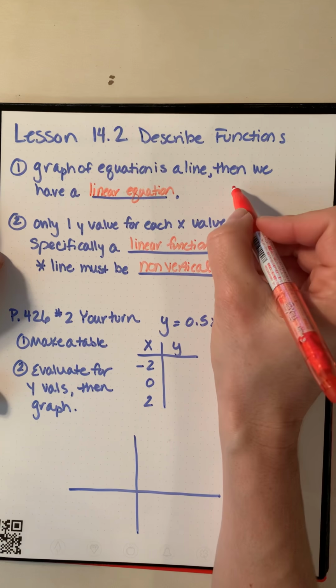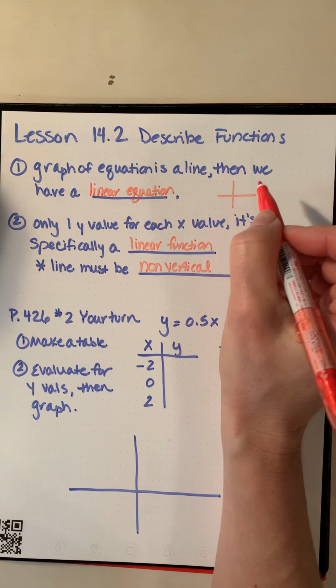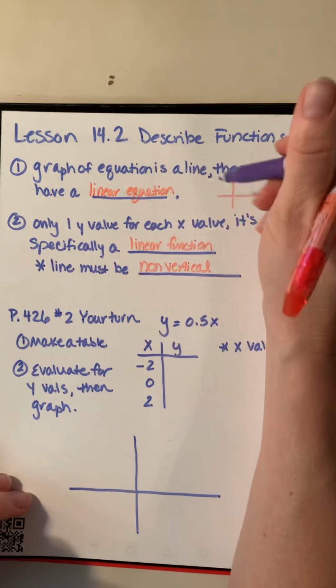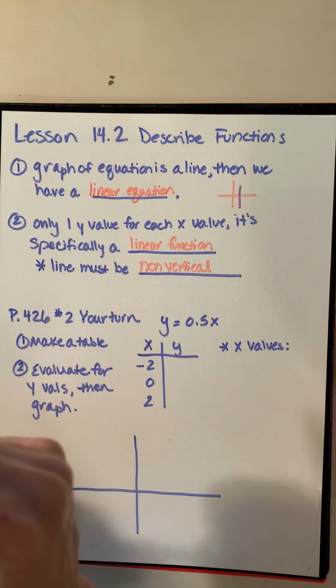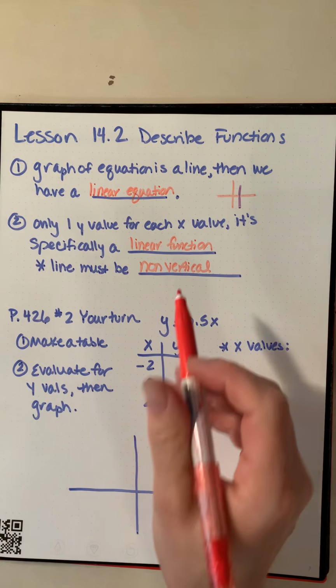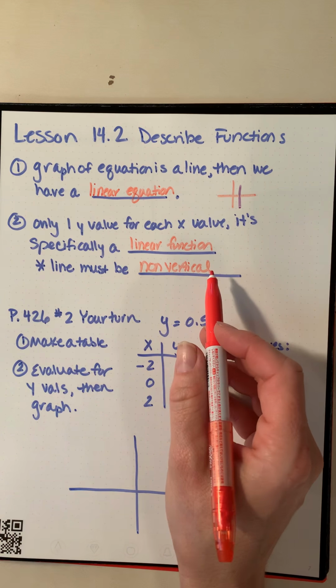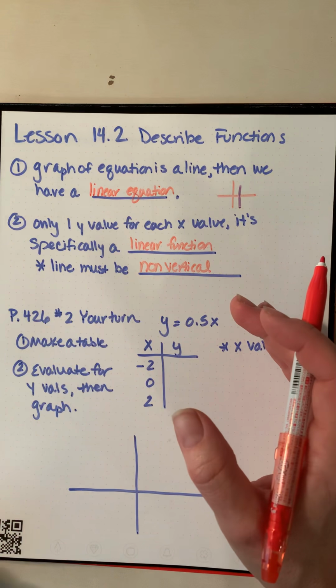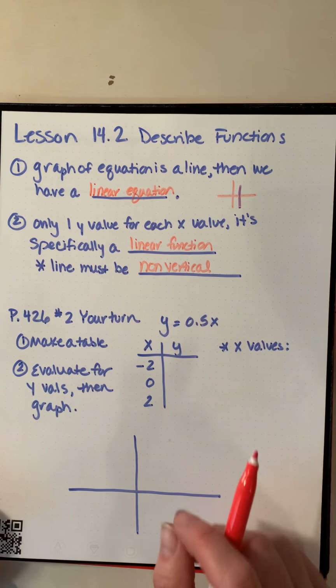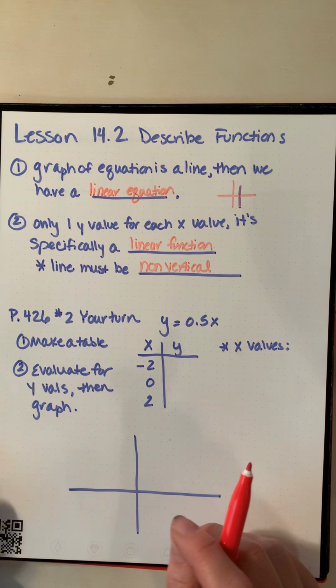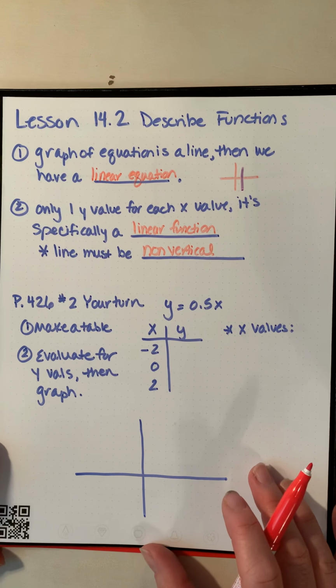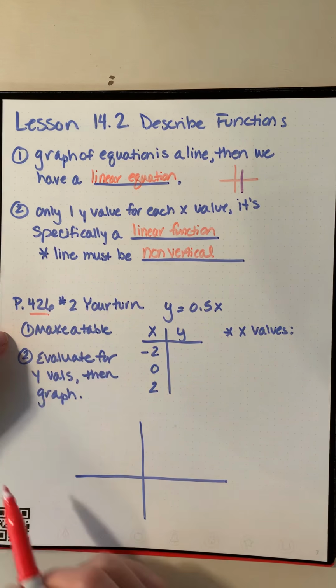So for instance, we could have something that looks like this, and this purple graph would be a linear equation, but it wouldn't be a linear function, okay? So linear equation is a little bit broader, and then linear function is more specific, and that's what we're going to look at today.